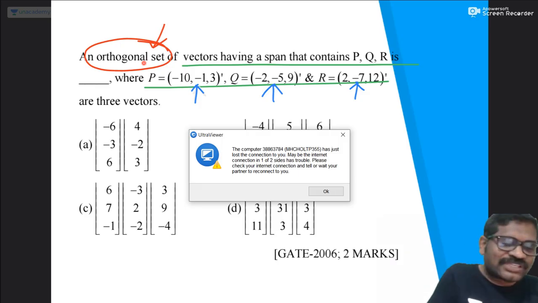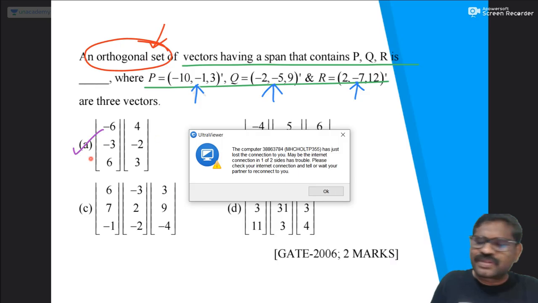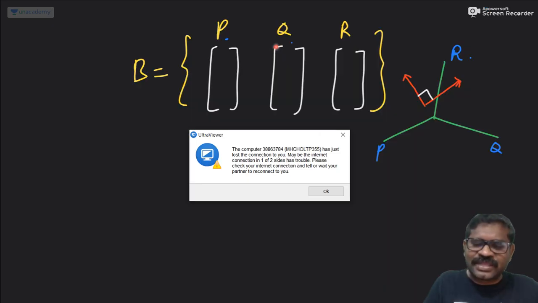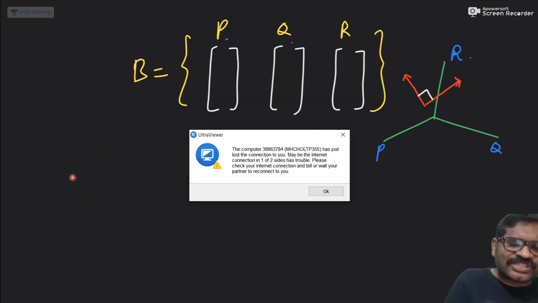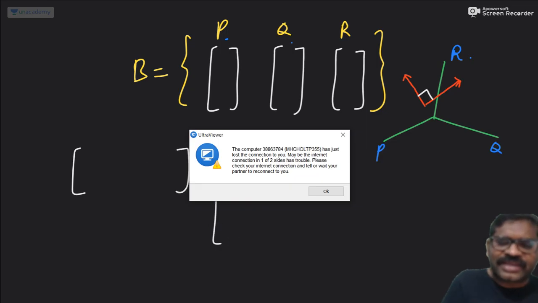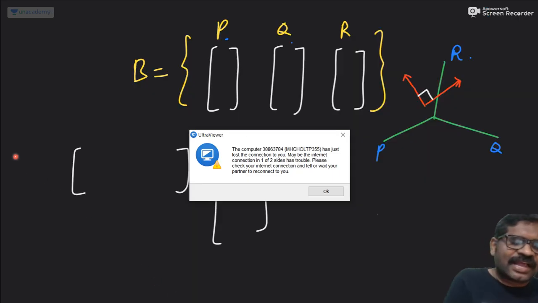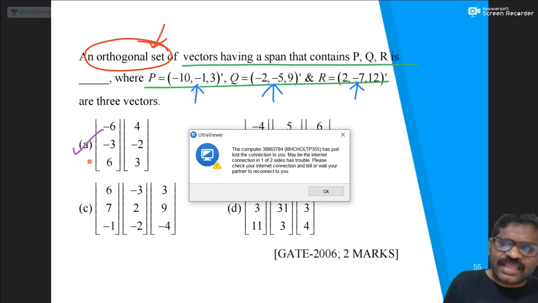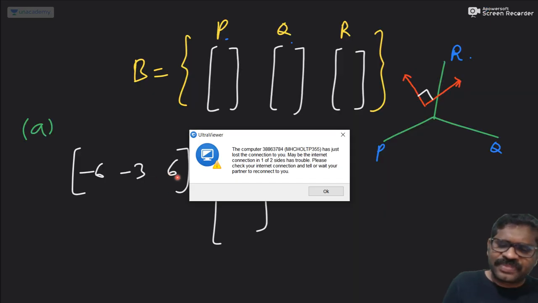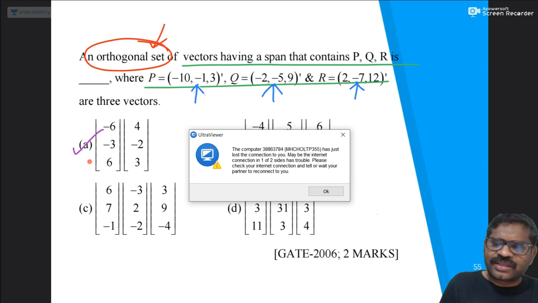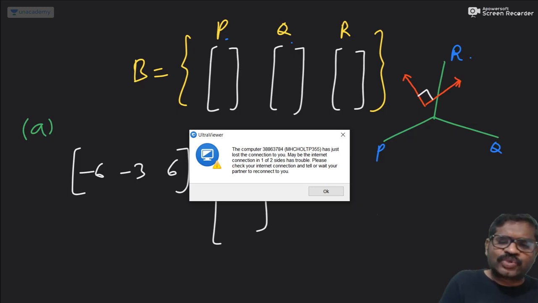If you take the first option, first vector dot product with second vector. Option A, I am verifying: -6, -3, 6 dot product with 4, -2, 3.